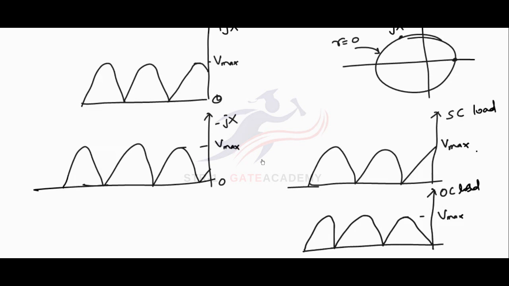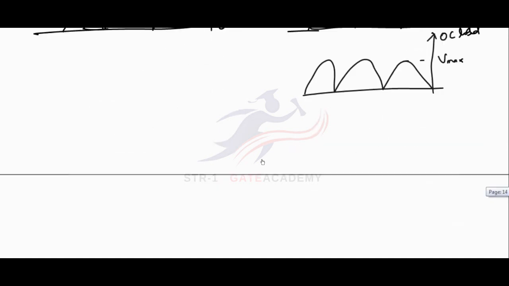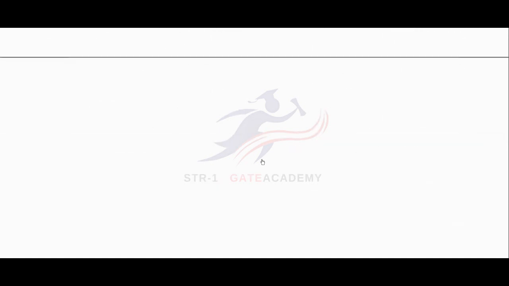So by looking at the VSWR pattern, you can easily recognize what type of load is connected to the transmission line. Now, based on this, there was a question. So let us solve that question.